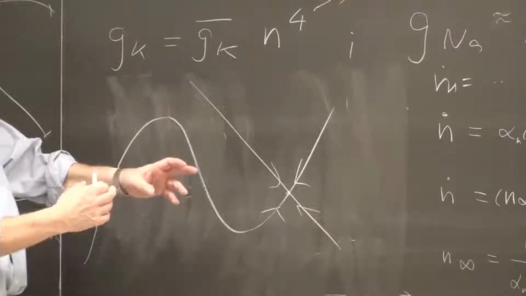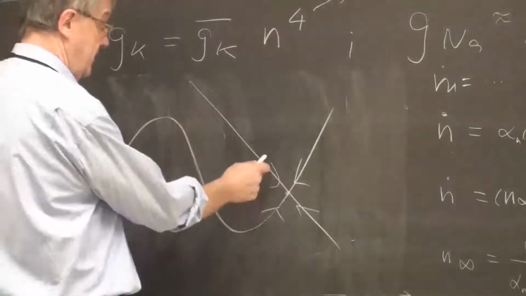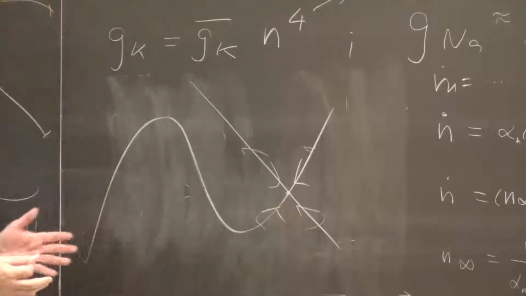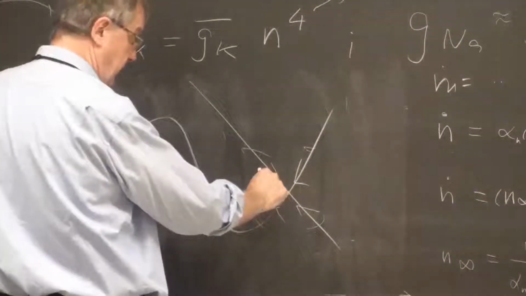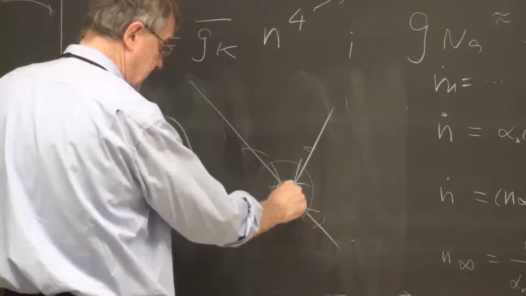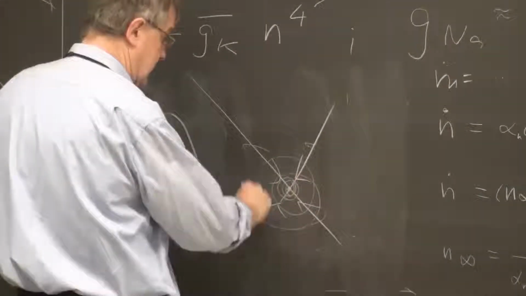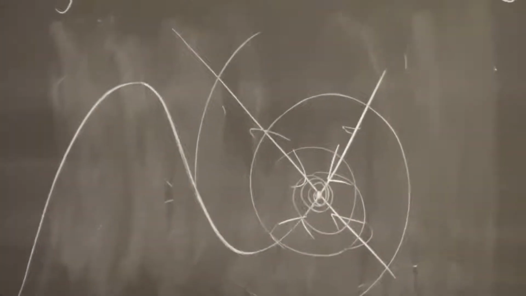You go towards some point, they are stable, or you go away from them, or halfway, and that's when it's real. And when it's complex, you go like this when it's stable, or you go like this when it's unstable.